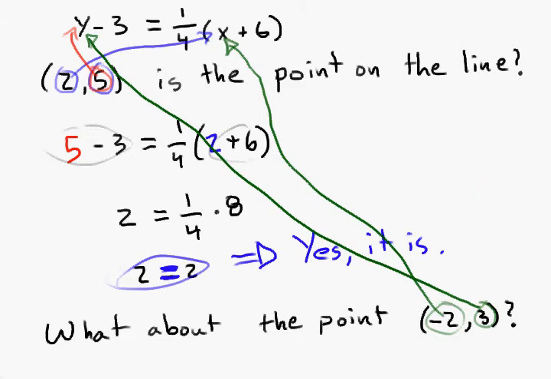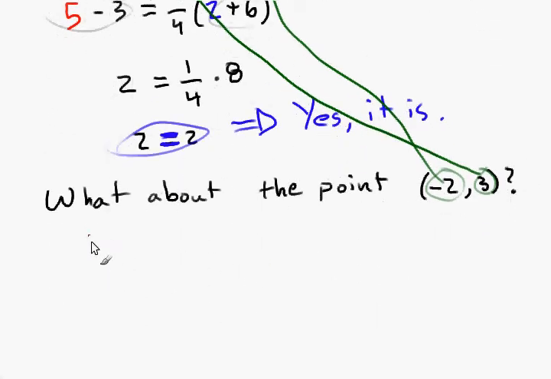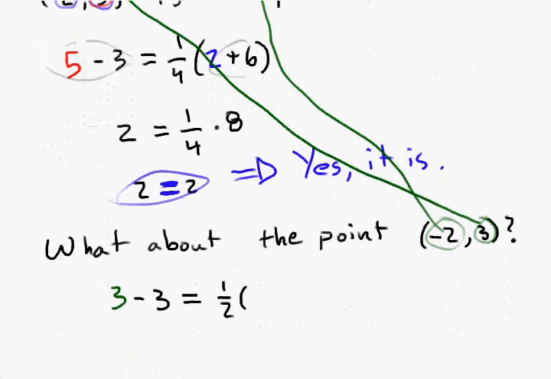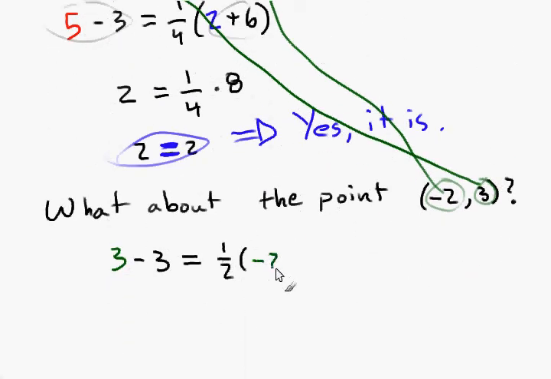So we'll have 3 minus 3, and that'll be equal to 1/4 times, it's x plus 6, so negative 2 plus 6. This simplifies to 0.